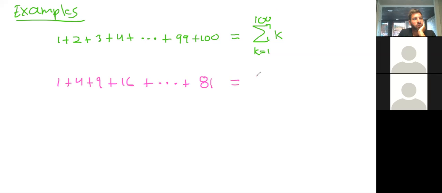Well, one thing you could do is you can recognize that each one of these terms is a square. So you might say k goes from, this time, you got to be very careful, you might go k goes from 1 to 9 of k squared. Now I'm squaring each term.